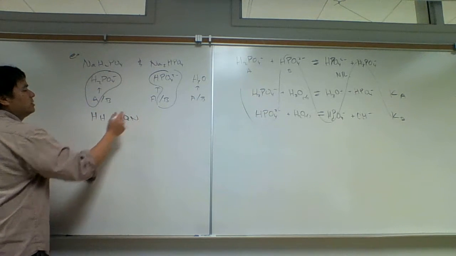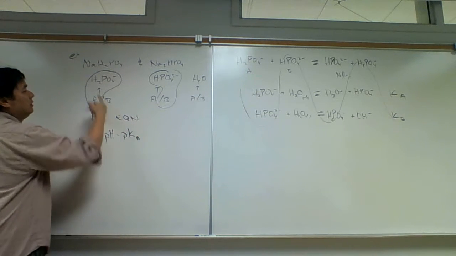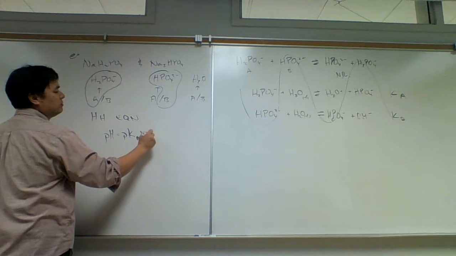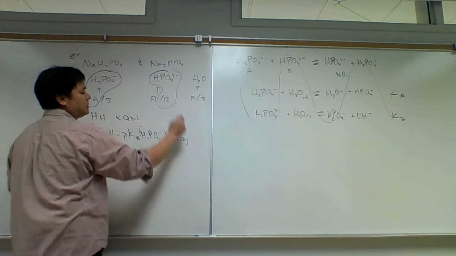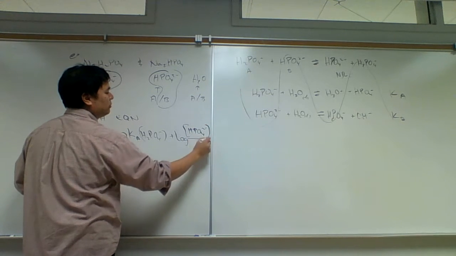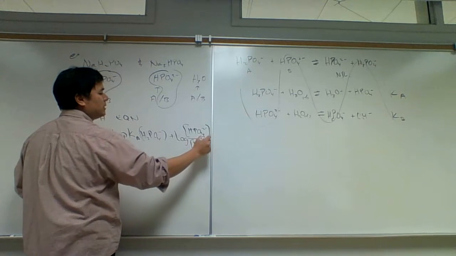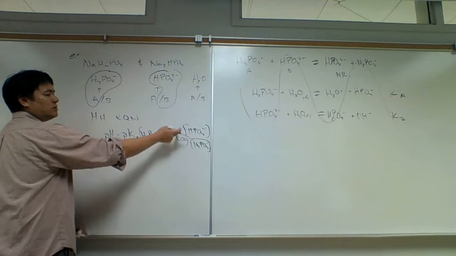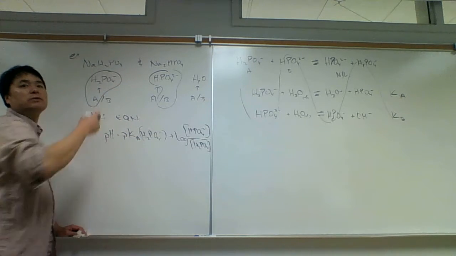The HH equation is that the pH is going to equal the pKa for the acid, where the acid is the H2PO4 minus, plus the log of the base, HPO4 2 minus, over the acid, H2PO4 minus. So it's a base to acid ratio. We just plug in the concentrations we have.